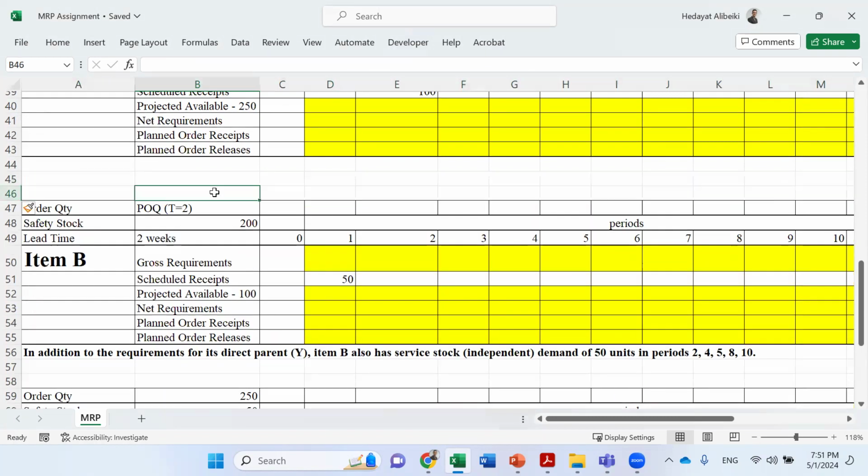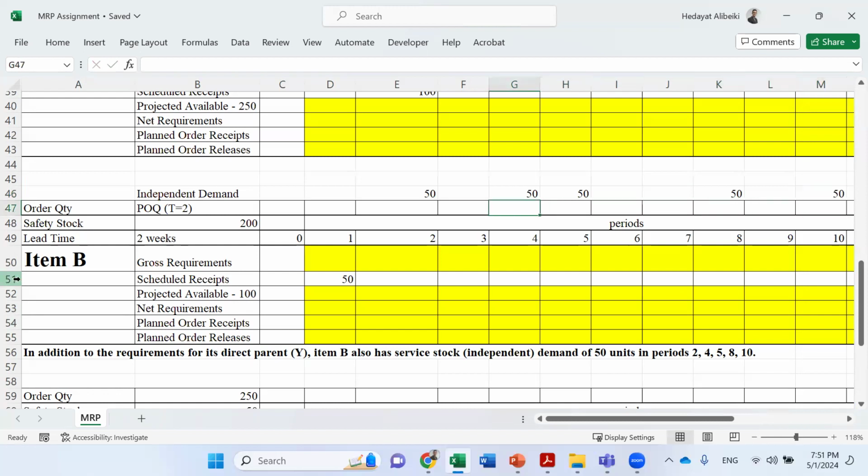So it'll be independent demand. It'll be period 2 50, period 4 50, period 5 50, period 8 50, period 10 50.